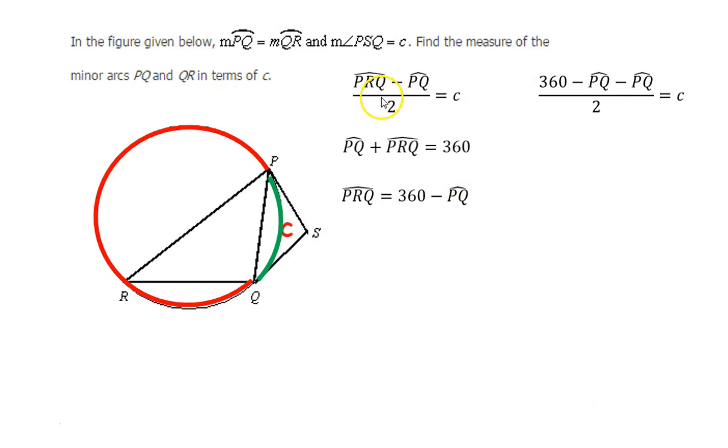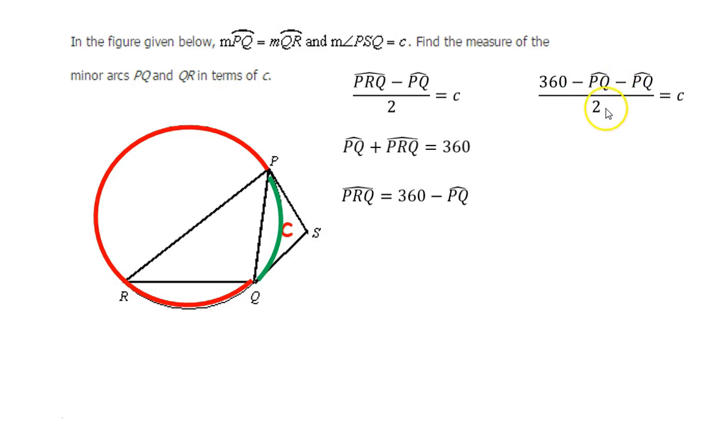That's all that's happening here. It's exactly the same thing, only I have 360 minus PQ instead of PRQ, because PRQ is equal to 360 minus arc PQ. Now what's nice about this is I have just arc PQ in the equation, because that's what I want to find, and then I have a C in there. So now I have everything that I need. I just have to do some simplification to find out what the value of arc PQ is in terms of C.